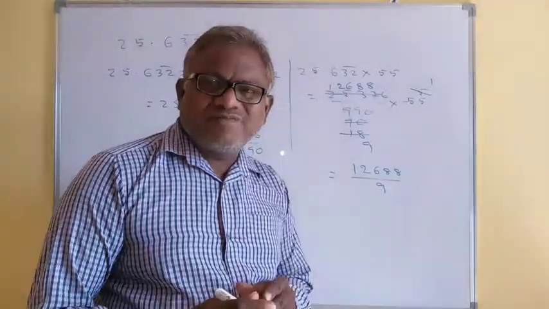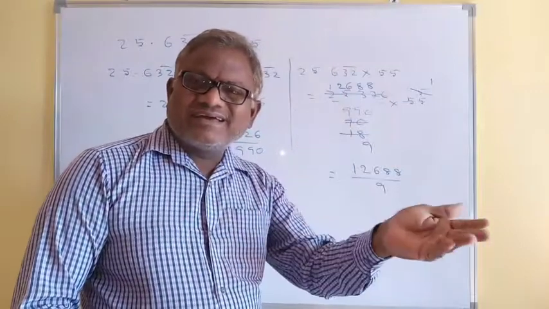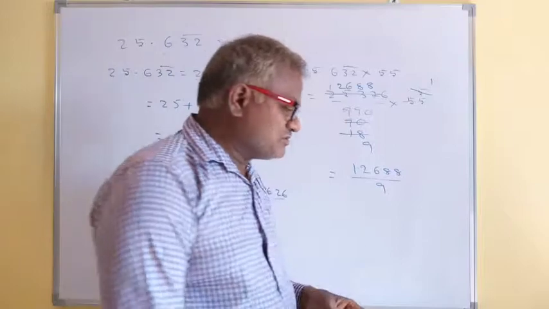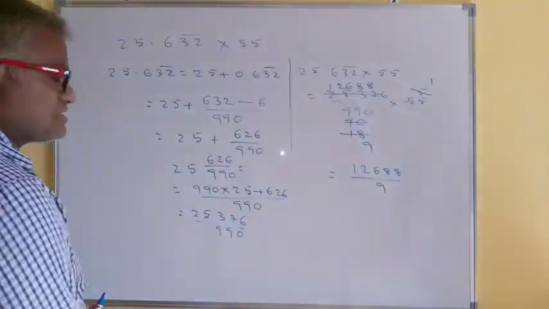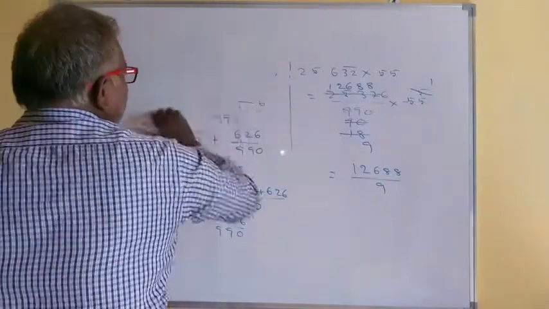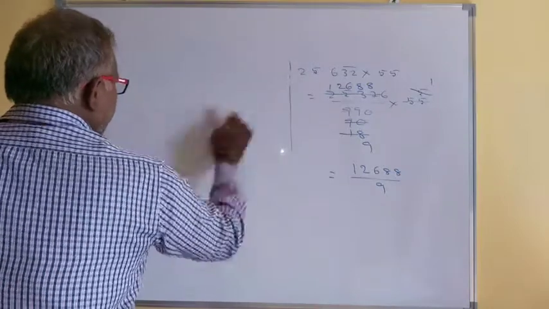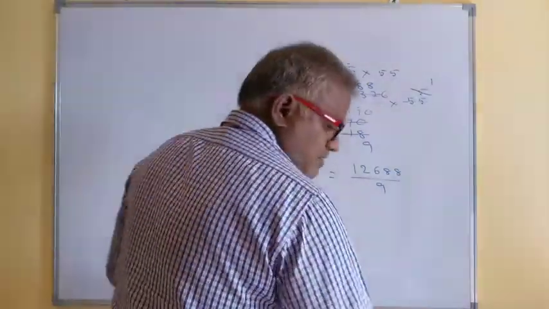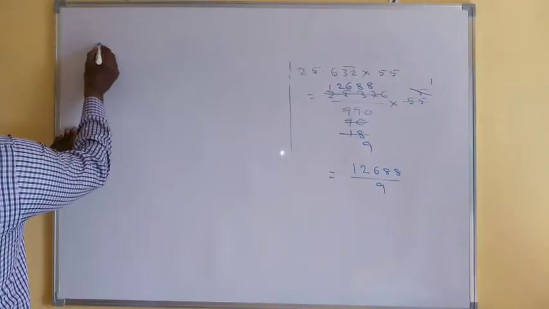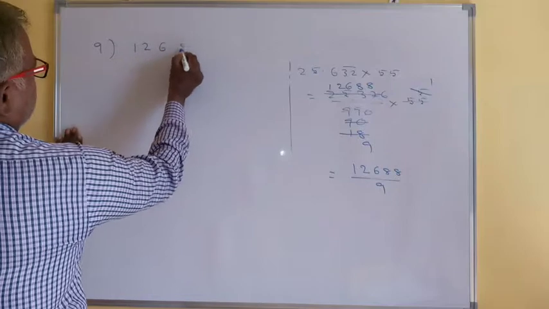Suppose if we want to write this fraction into terminating or non-terminating recurring, what we should do? Let us start with long division. You see here, now here 1 2 6 double 8.